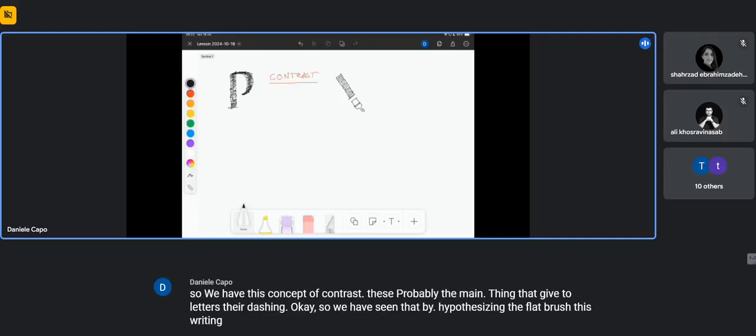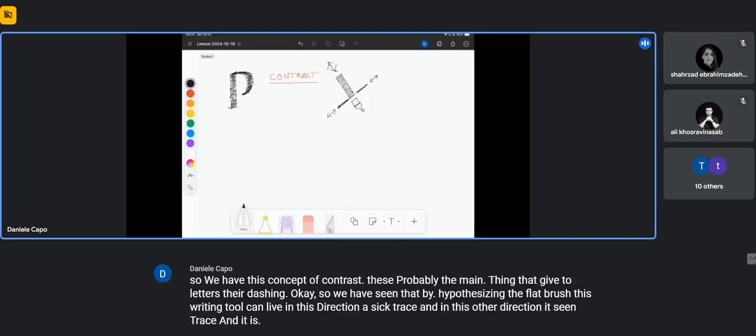this writing tool can leave in this direction a thick trace, and in this other direction a thin trace.